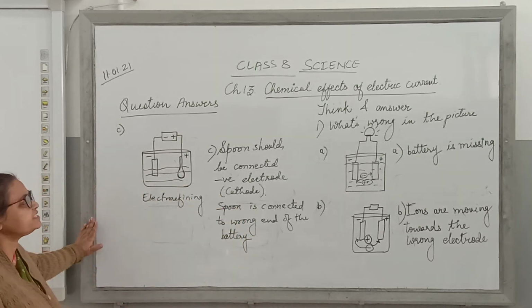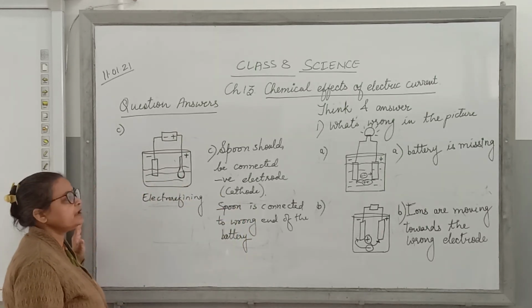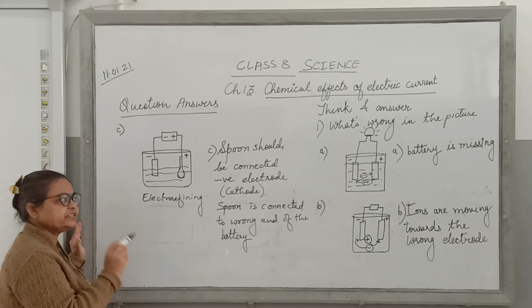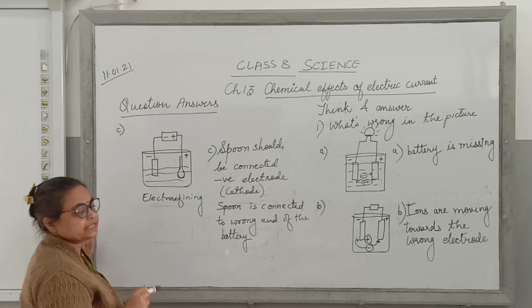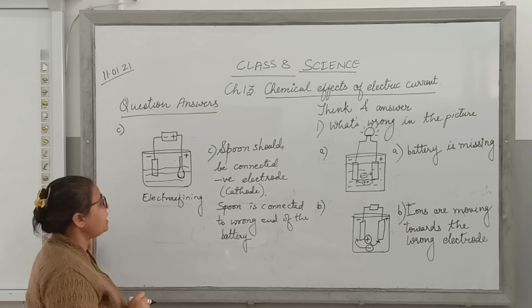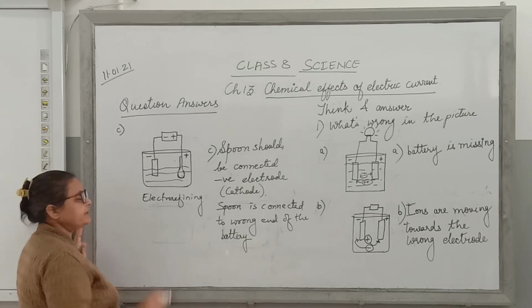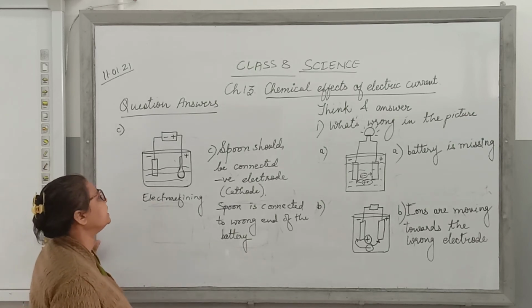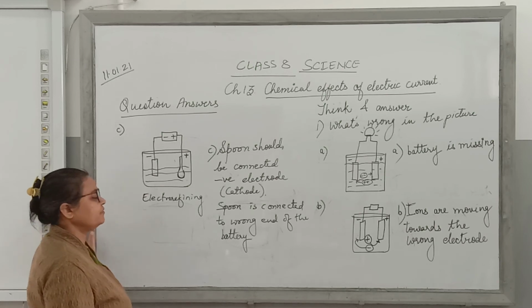So this was the first question of think and answer. What's wrong in the picture? There are three pictures given. In the first one, battery is missing. In the second, the direction of the movement of ions is wrong, and in the third one the spoon is connected to the wrong end of the battery.